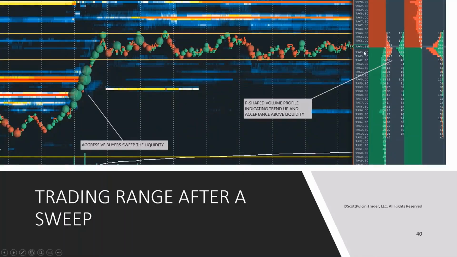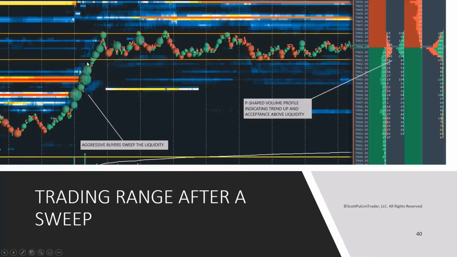So here, this is something that you see extremely often. NQ likes to trend very much, but you see the buyers sweep up and take this liquidity. And you're going to look at the volume profile over here.